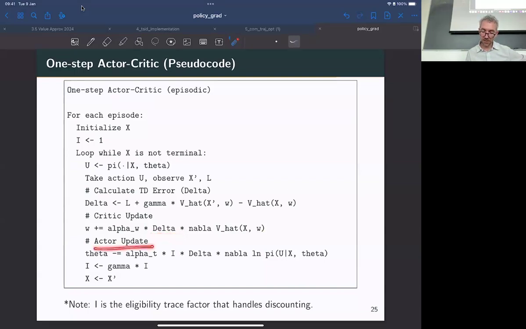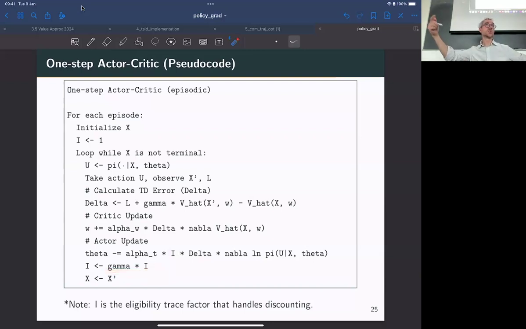And then you update the actor by following the gradient of the log probability of the policy scaled by delta and also pre-multiplied by this I value, which is there just to take into account discounting.